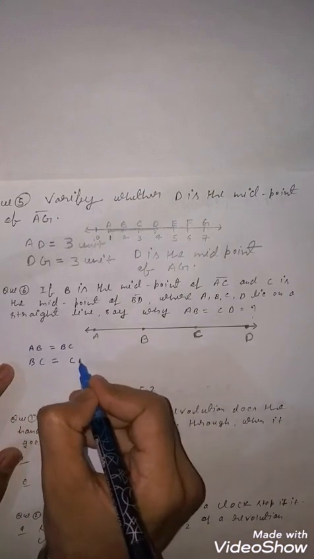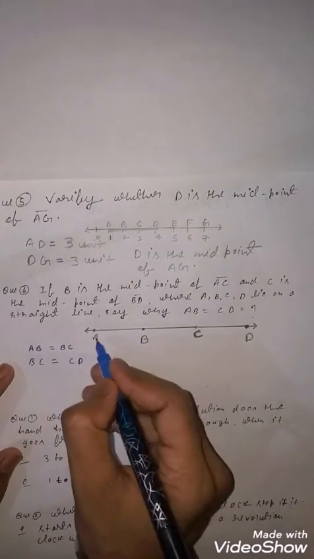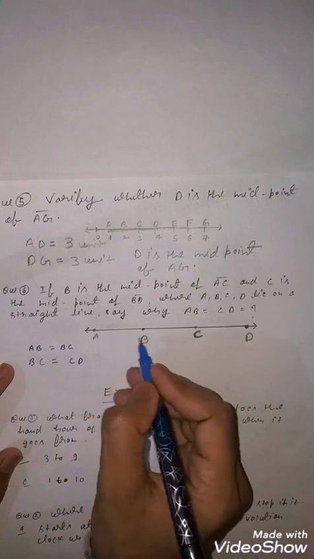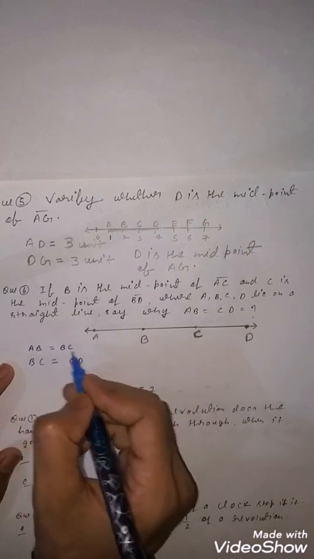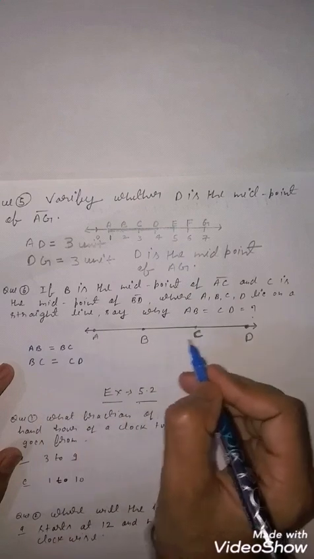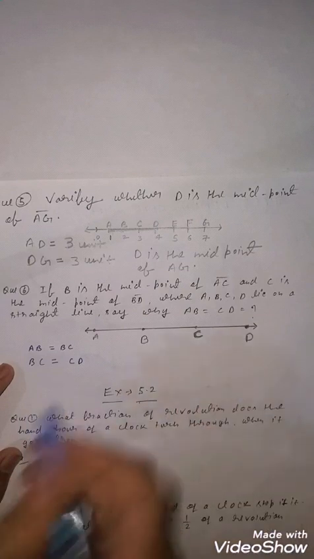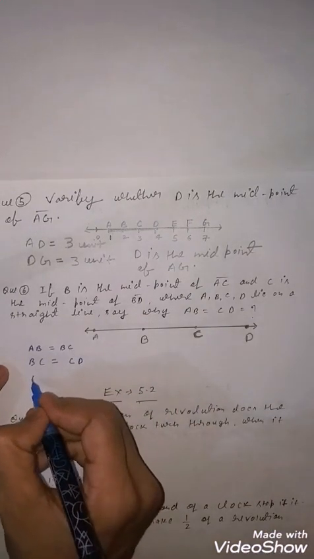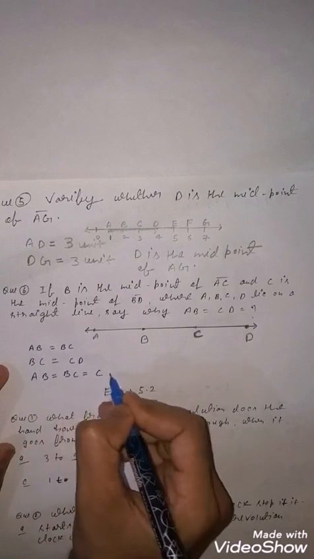CD. Is this clear now, everyone? Why am I writing this? Because B is the midpoint of AC. If B is the midpoint, it means B divides AC into two equal parts, AB and BC. So I am writing AB equal to BC. C is the midpoint, it means C divides BD into two equal parts, that is, BC equal to CD. Now you can clearly see AB, BC equal to CD.